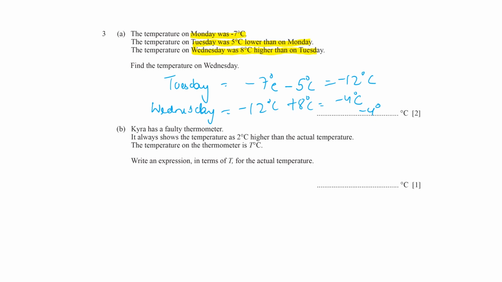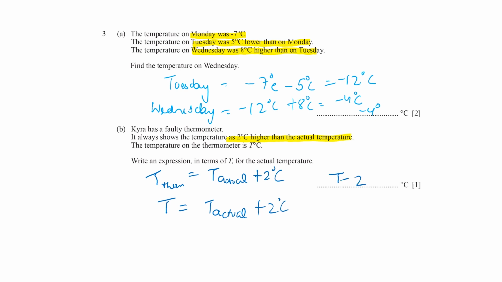Since it always shows 2 degrees Celsius higher, the temperature on the thermometer is equal to the actual temperature plus 2 degrees Celsius. This is given as T equals T actual plus 2 degrees. So if I want to calculate the actual temperature, it's going to be T minus 2.